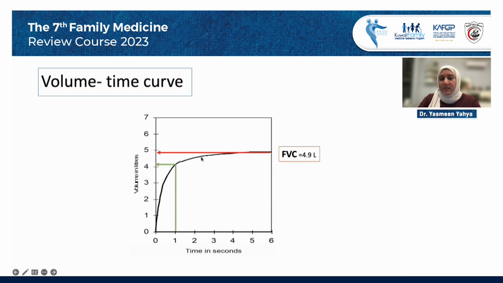And then at 1 second, the volume of air that is exhaled in 1 second is the FEV1, which is 4.2 liters. In this case, of course, it's normal because the ratio between them is more than 0.7, which means that the patient was able to exhale most of the volume of air in the first second, and this indicates normal bronchioles or airways.